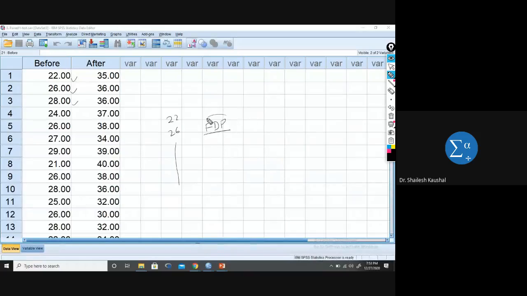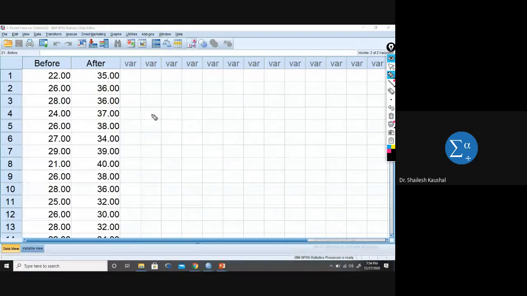And after the faculty development program, the same respondent's scores increased to 35, 36, and so on. Okay, so this is about the paired t-test. When we observe the same respondent two times, then we use the paired t-test.